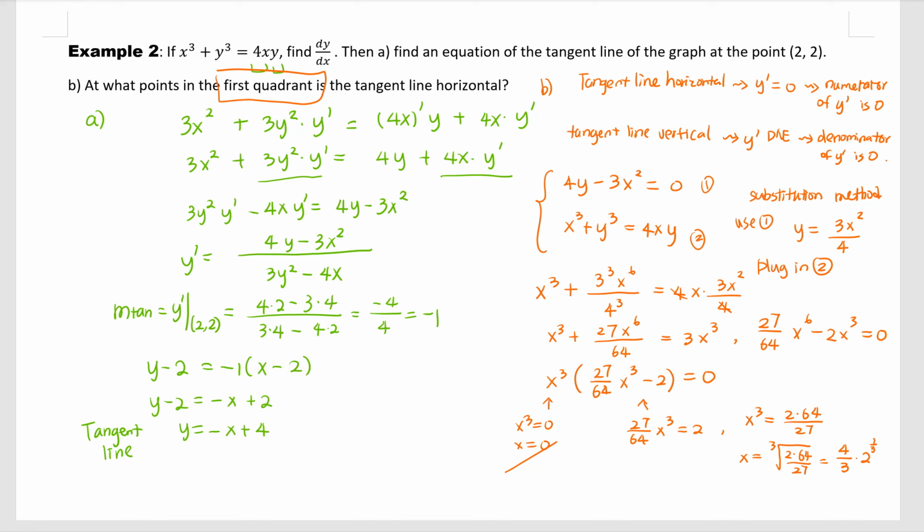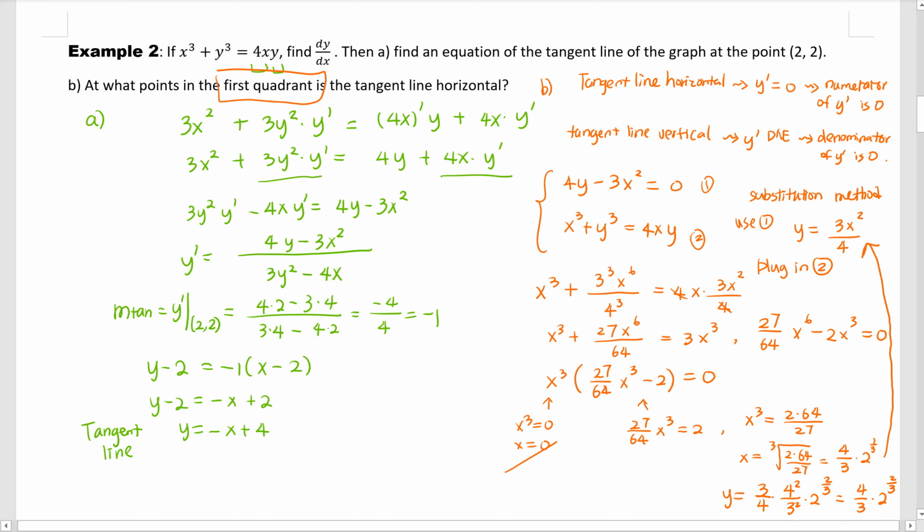How about the y? Well, we can plug in here to find the y. The y is 3 over 4 x squared. So 4 squared, 3 squared, 2 to the 2 over 3. Whoops. 4 cancel, 1 copy of the 3 cancel. So we have 4 over 3 times 2 to the 2 over 3.